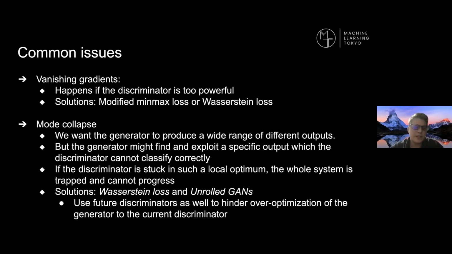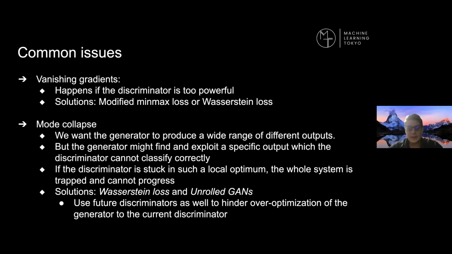The second issue that usually arises is called mode collapse. To explain it, let's take a step back and think about why we want to train GANs. The idea is to have at the end a generator which can produce a wide range of different outputs. But it's possible that the generator finds a very specific region of the data and starts to exploit it where the discriminator cannot classify correctly.